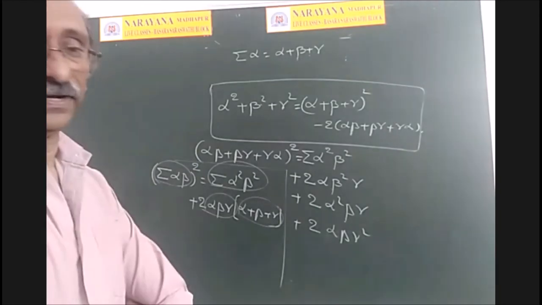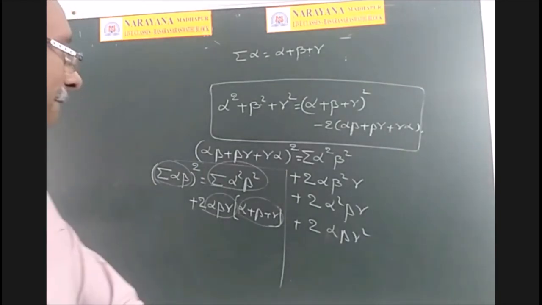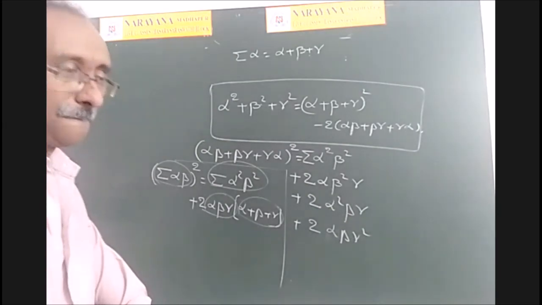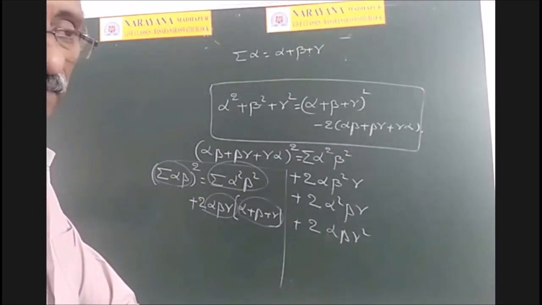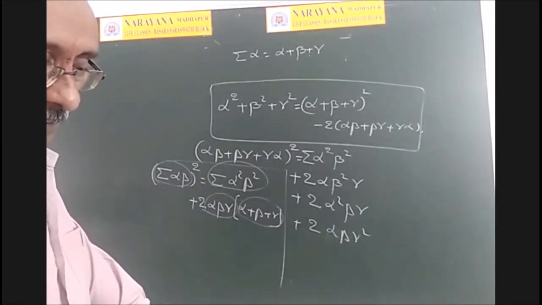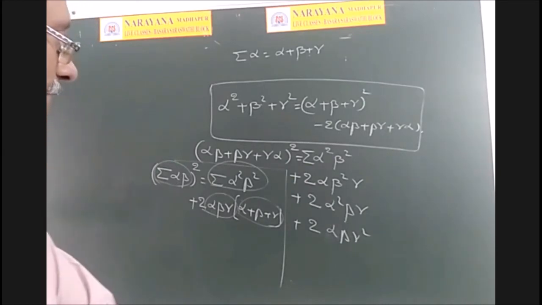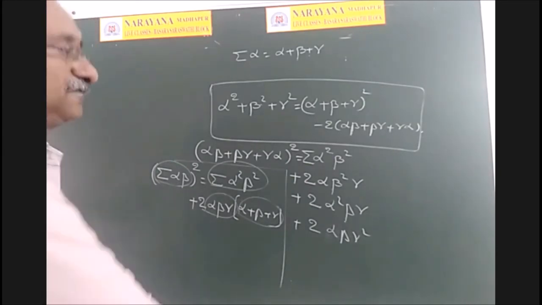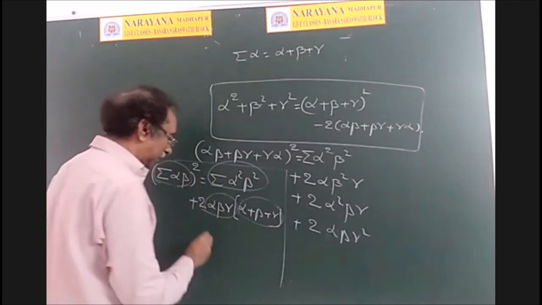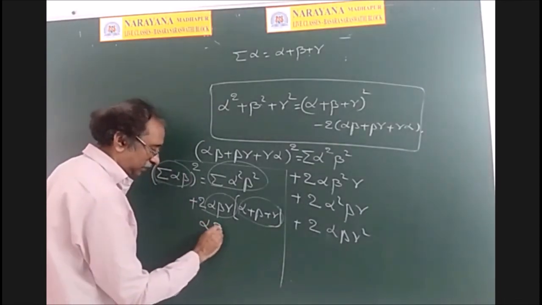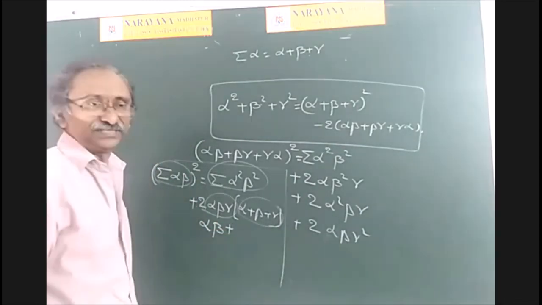What is sigma alpha beta? Sigma alpha beta means in cyclic order, the first term must be alpha beta. What is the second term?